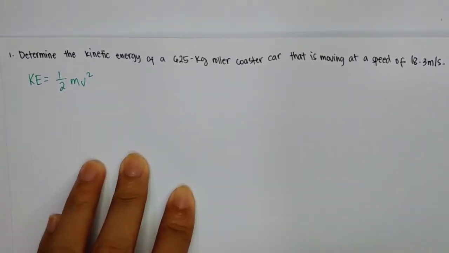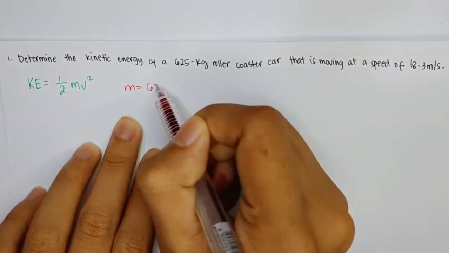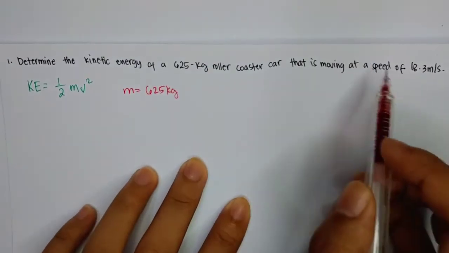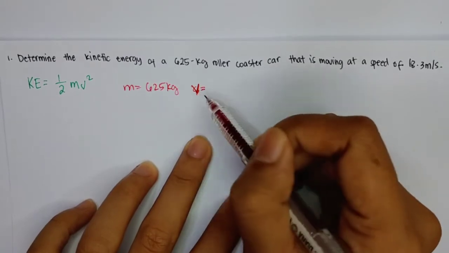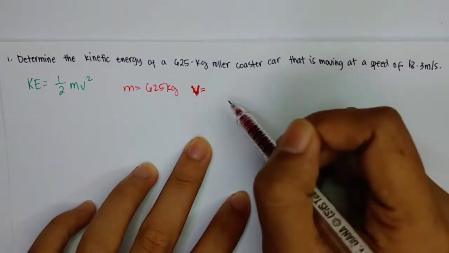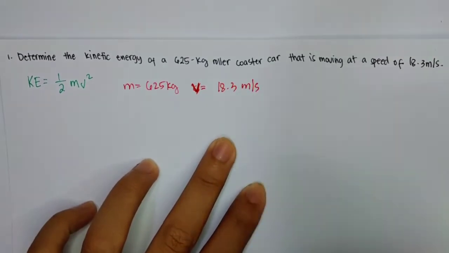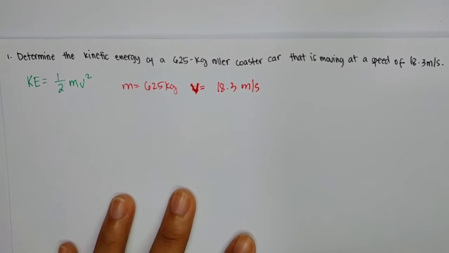So, identify natin yung given natin. Yung mass natin is 625 kilogram at saka yung speed natin, denoted by v, is 18.3 meter per second. So, substitute natin ito lahat sa formula.